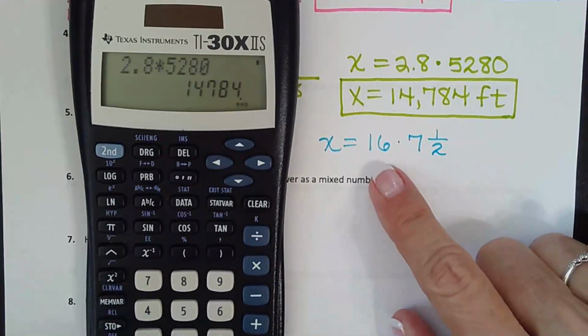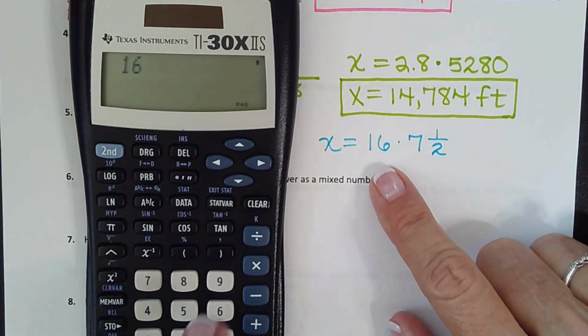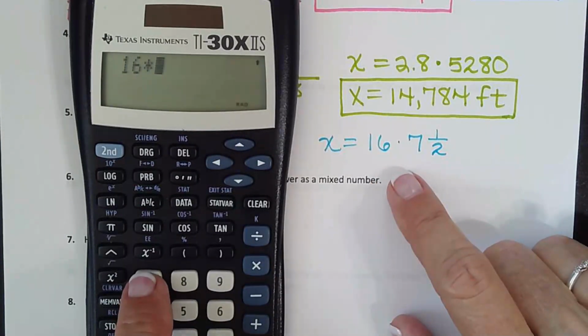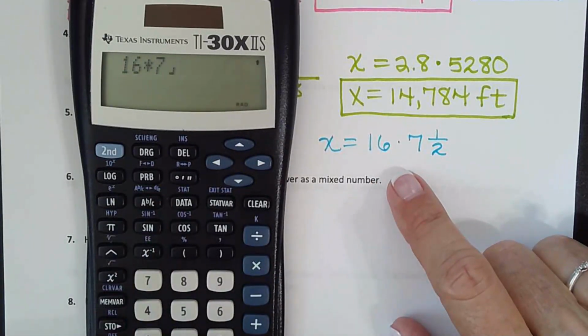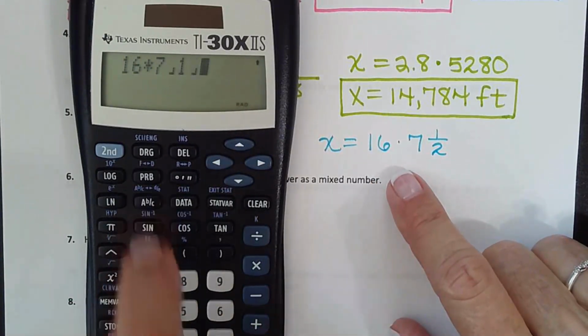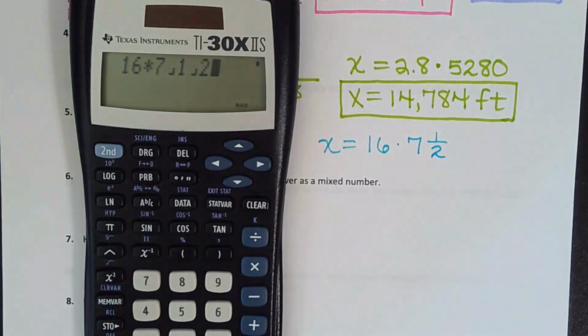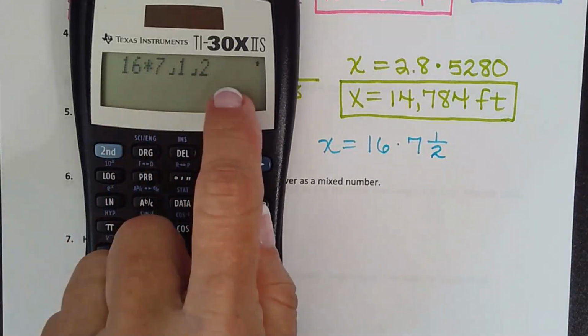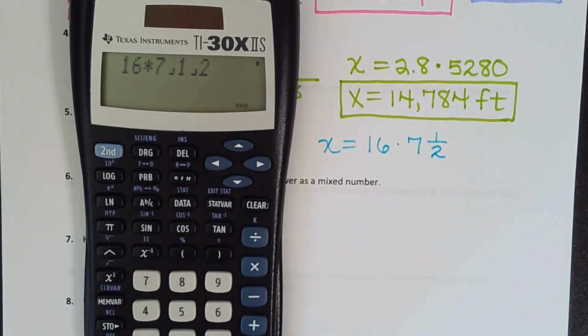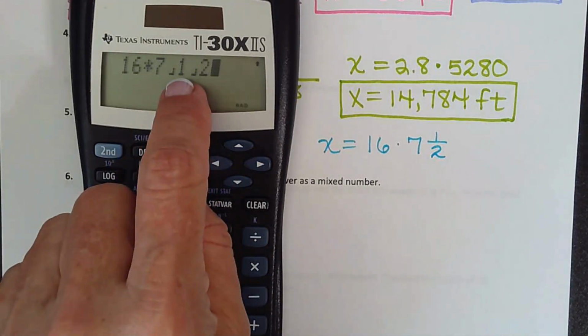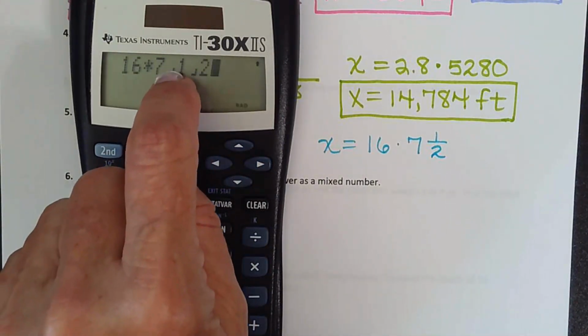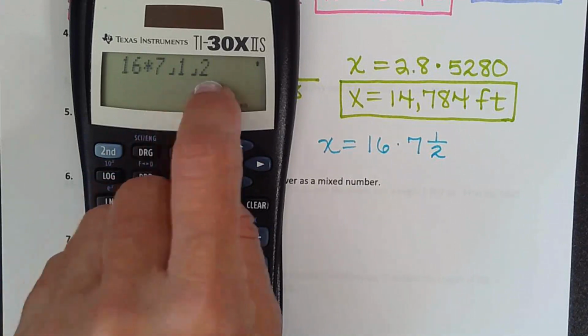So this is 16 times 7 fraction bar 1 fraction bar 2. So anytime you are typing in a mixed number, you have to hit the fraction bar twice. And students always go, well, I don't understand. Why do you hit it twice? Well, otherwise the calculator is going to think this is 71/2.